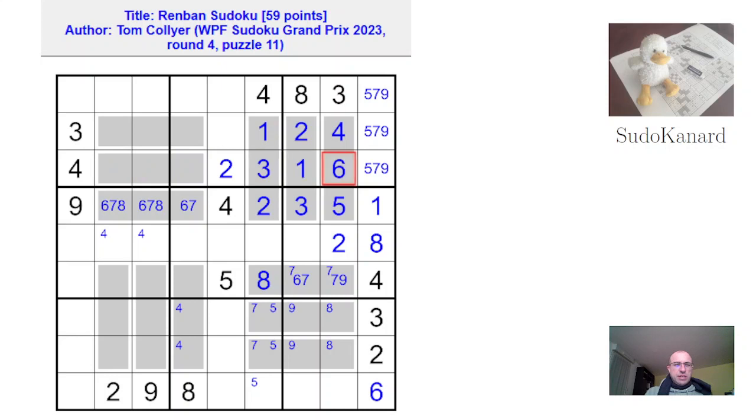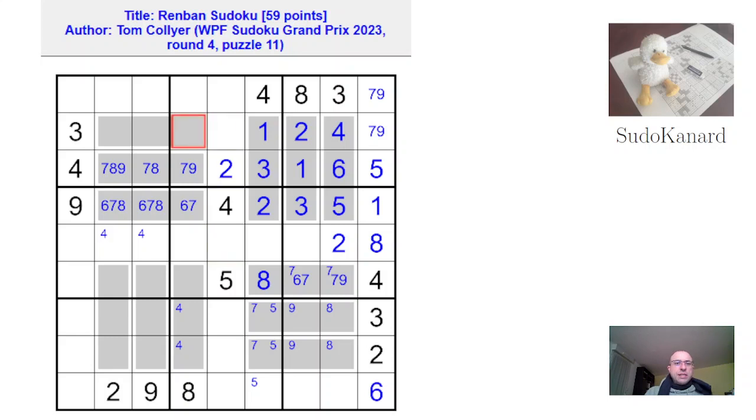And because of this 6, 5 has to go here. I couldn't have the 5 along this, because it would have to be next with a 4 or a 6. So this is a 7, 8, 9 triple. That's not 9, that's not 8 by Sudoku.